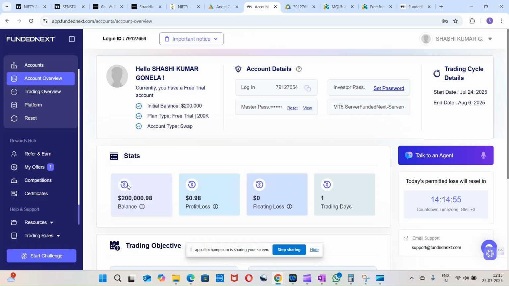If you see here, there is $200,000. I started yesterday only, and this is how this particular platform looks like.